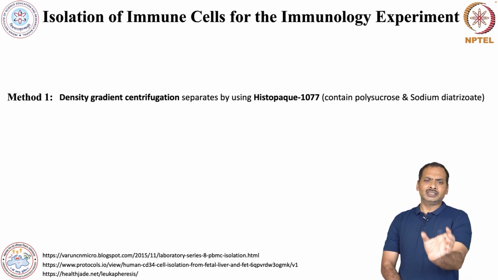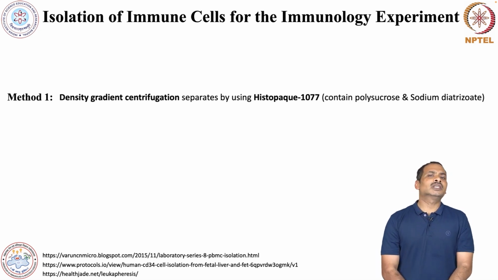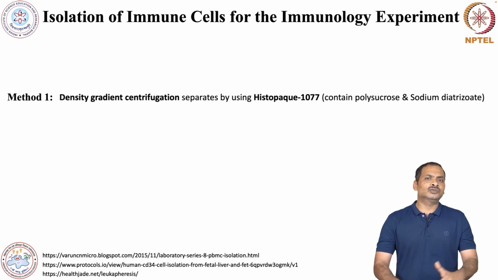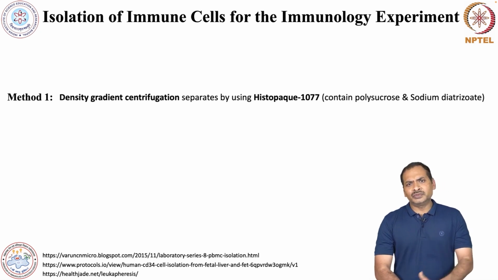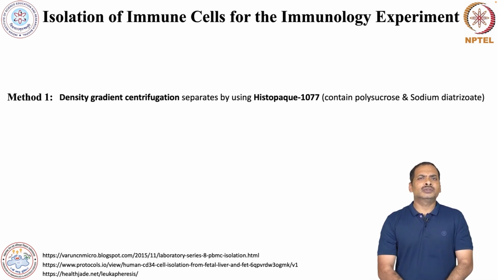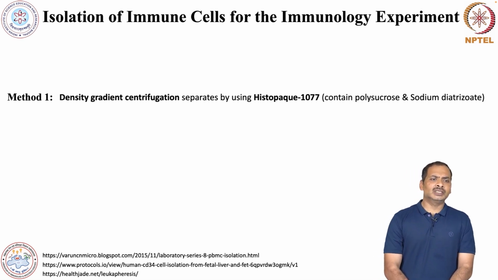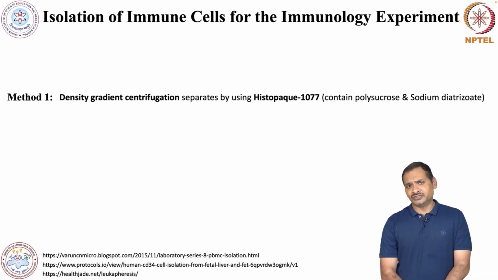This histopaque we basically use for the separation of these immune cells, okay. And the method which is very commonly used in the laboratory, or a well known thing, is density gradient centrifugation.